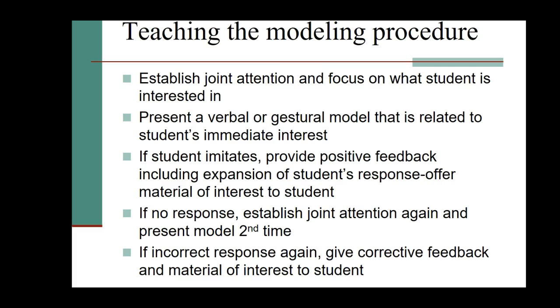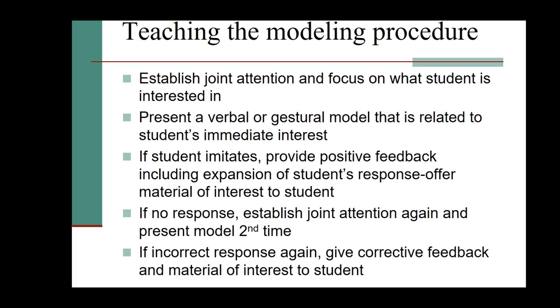Student imitates, they repeat what we do. We give positive feedback. We tell them, that's a great job. Smile, including expansion. Oh, look what you did. You smiled. You copied exactly what I did. And we offer that object to them.